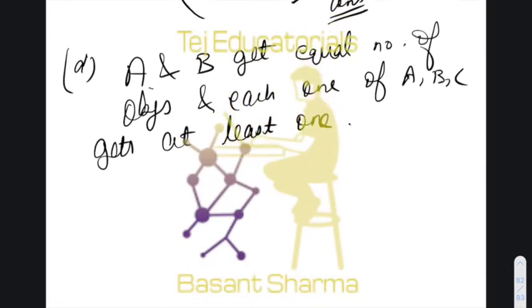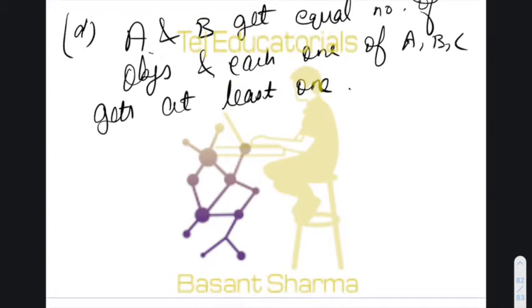All right, now A and B get equal number of objects.